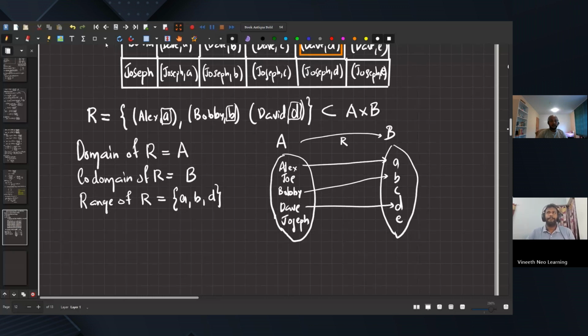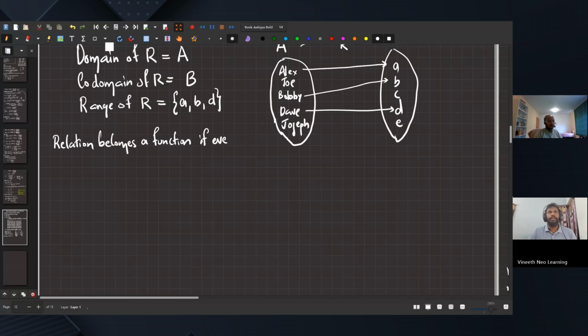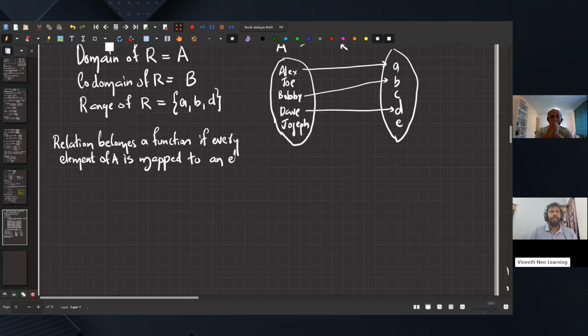A relation becomes a function when every element of the domain is mapped to an element in B. If every element of A is mapped to an element in B.